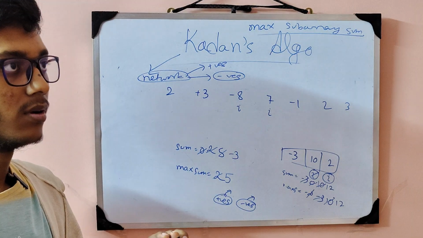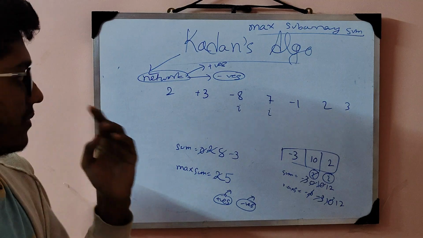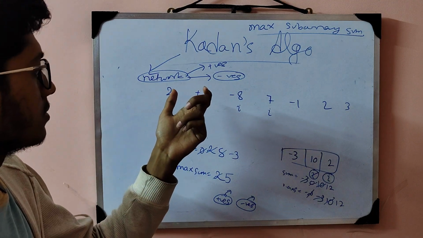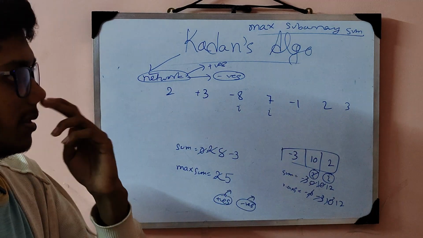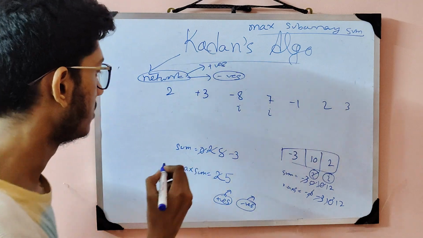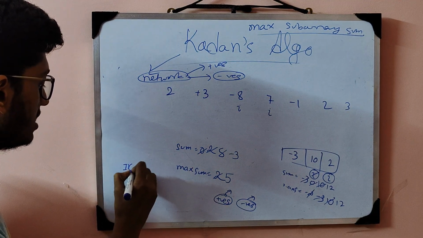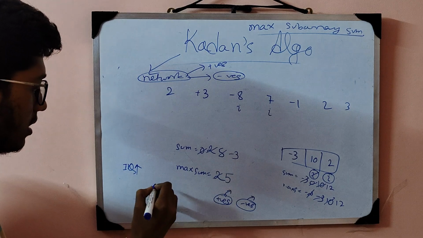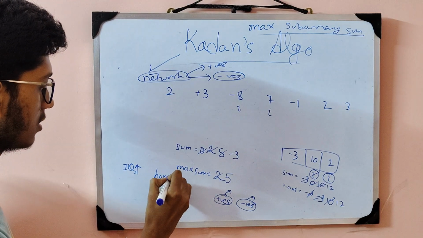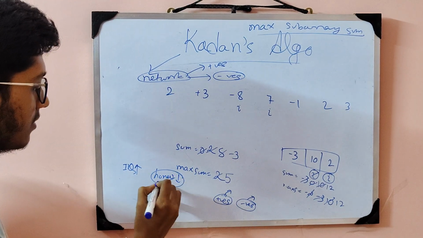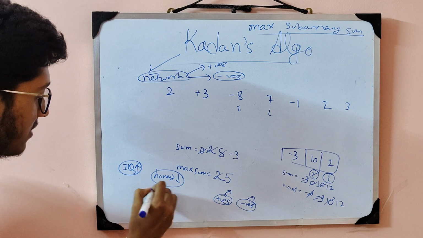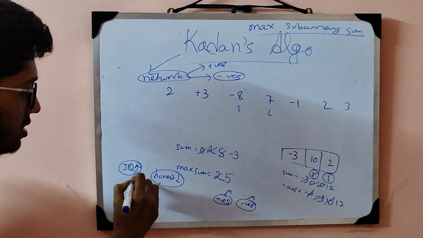Suppose there is a very intelligent guy, his IQ is very high, but he is not honest. This is a negative. And here you can see his negative is greater than his positive.